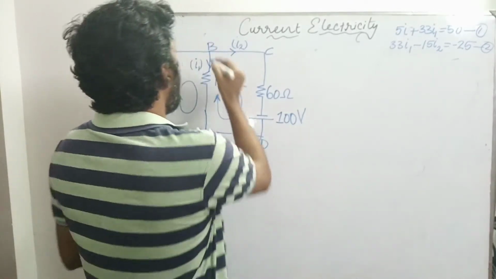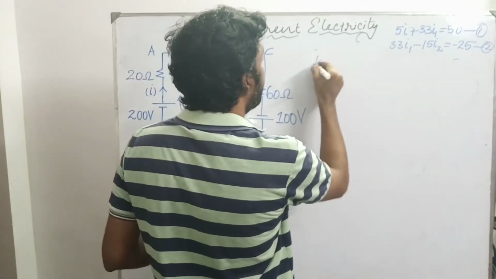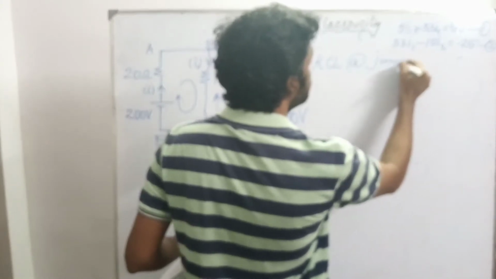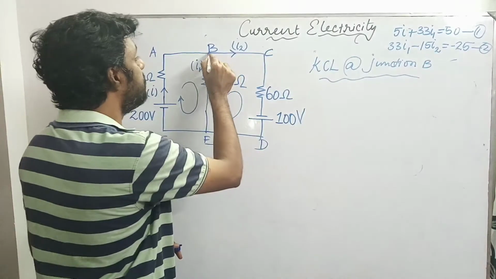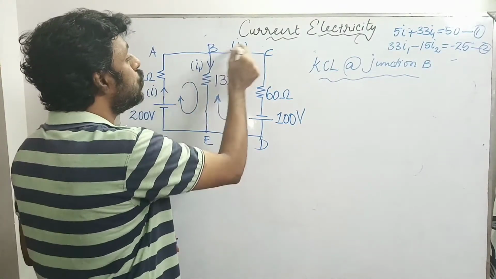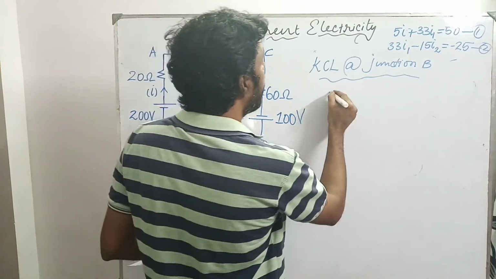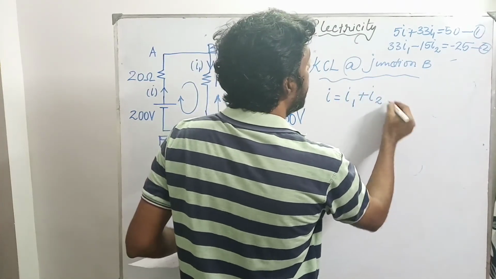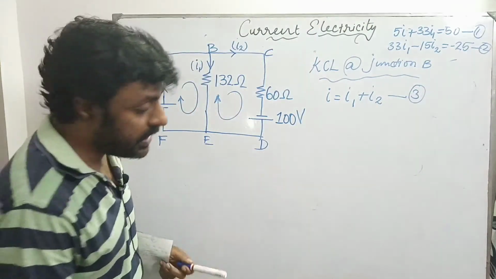If I apply Kirchhoff's current law, applying KCL at junction B, I have a current I which flows towards the junction, and two currents I1 and I2 moving out of the junction. So I can write I is equal to I1 plus I2. Let it be equation number 3.